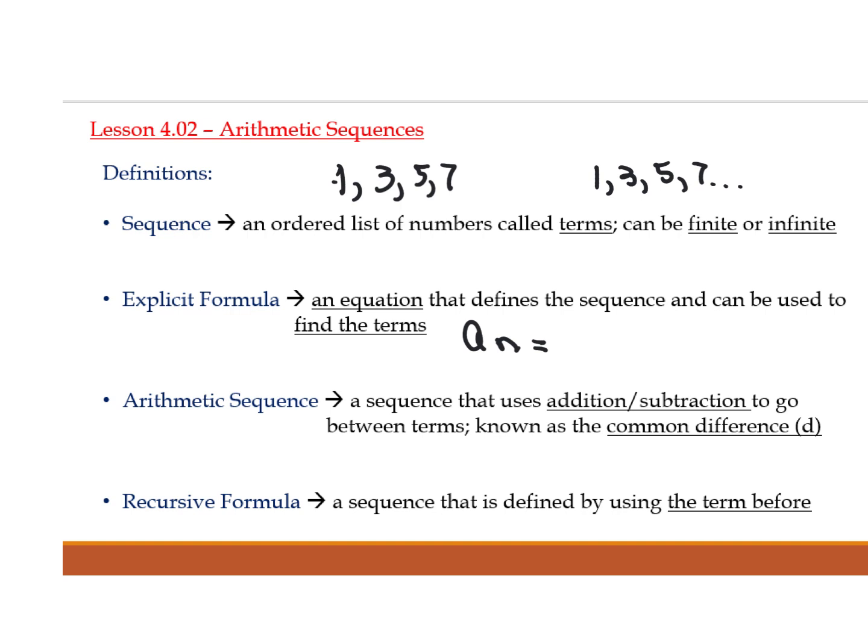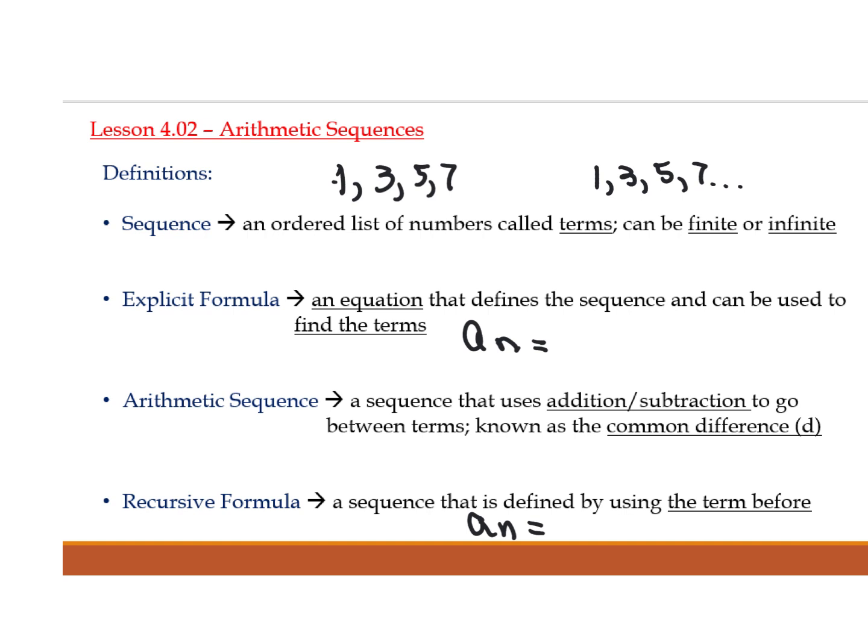It defines the sequence, and it can be used to find a specific term. A recursive formula is also an equation that starts with a sub n, and it uses the term before. When we go over examples, this will make a lot of sense.